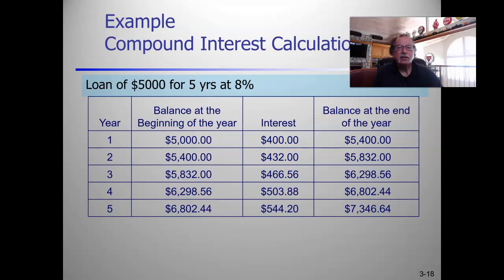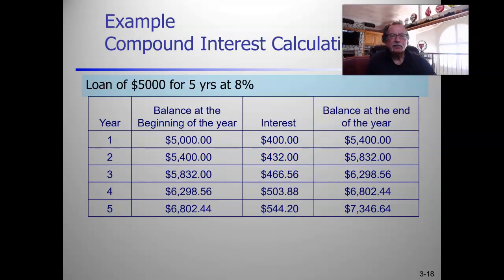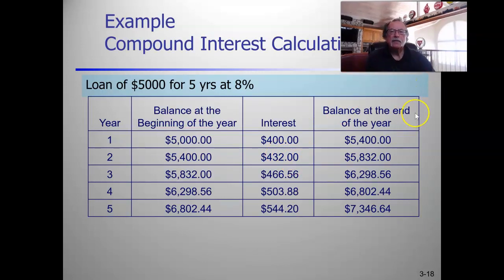So I'm going to take you through different methods of calculating interest on a loan. So let's say we have a loan of $5,000 for 5 years at 8%, and we're not going to pay anything until the end of the 5th year.